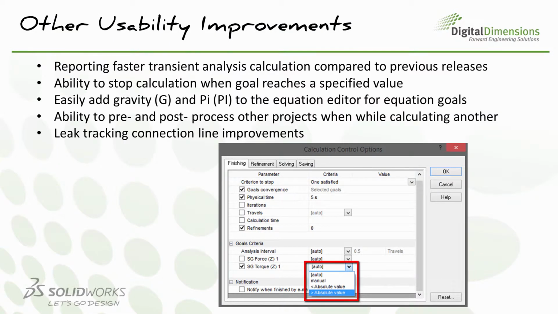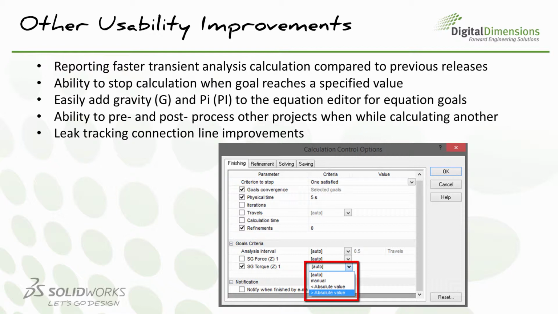Let's talk about some other usability improvements that have been added to Flow Simulation in 2015. The first one is we now have reporting of faster transient analysis calculations compared to earlier versions of SolidWorks. So definitely keep an eye out for that. Another enhancement is the ability to stop your calculation once you reach a certain value.